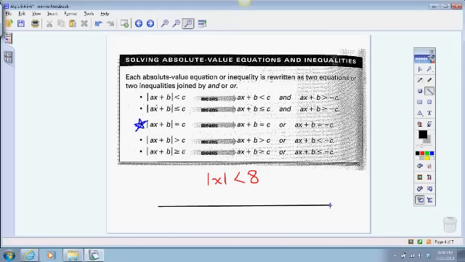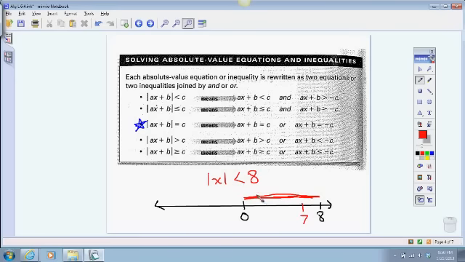Think of a number line. If we're talking about the distance from 0 is less than 8, our absolute value would have to be somewhere between 0 and 8. If we took the absolute value of 7, 7 is less than 8.